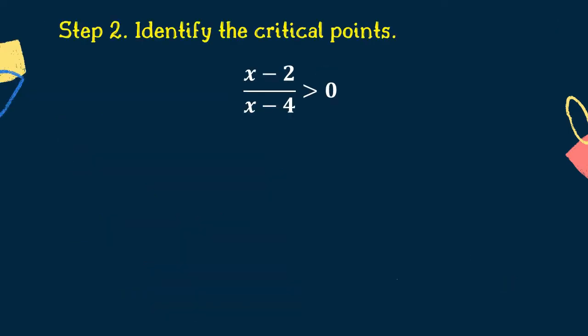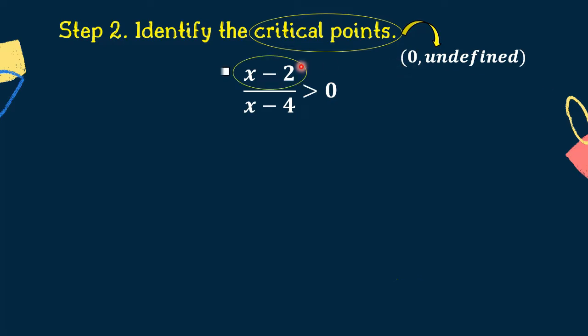Step 2, identify the critical points. Ano ba ang ibig sabihin ng critical points? Ang critical points ay mga number or values na makakapagbigay sa atin ng result na 0 and undefined. Paano ba makukuha ang 0 or undefined? 0 if ang numerator natin is equal to 0.